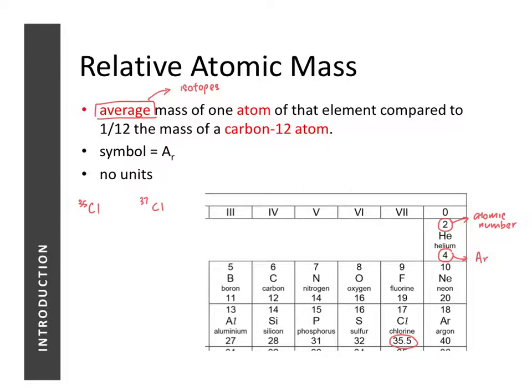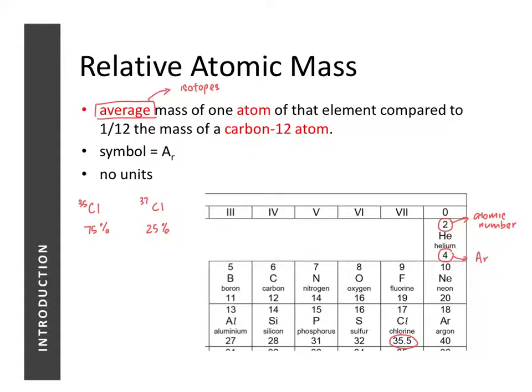But we do not simply take 35 plus 37 and then divide by 2. Why? Because chlorine-35 and chlorine-37 exist in different percentages in nature. We call that relative abundance. In nature, 75% of chlorine exists as chlorine-35 and 25% of chlorine exists as chlorine-37.